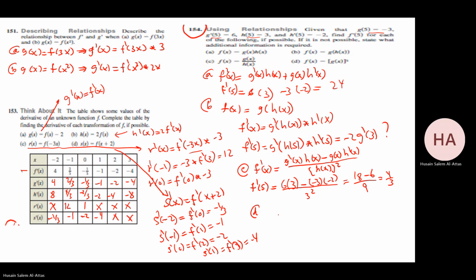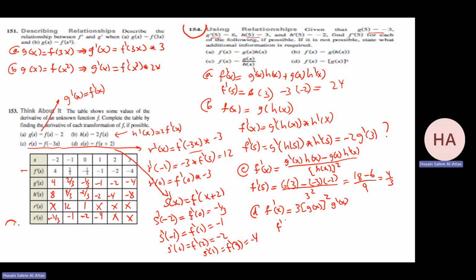D. f prime at x is what? 3 times g of x squared times g prime of x.